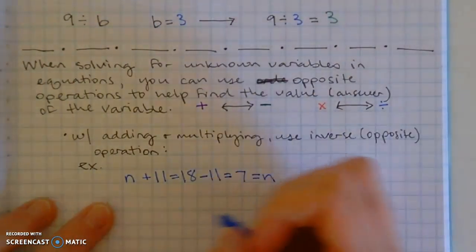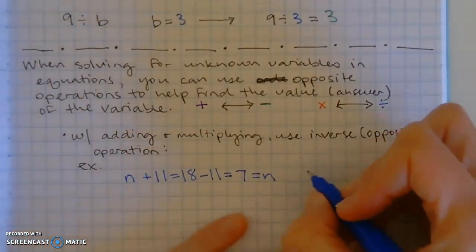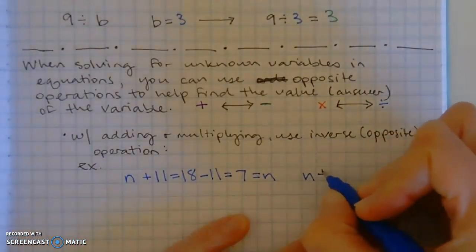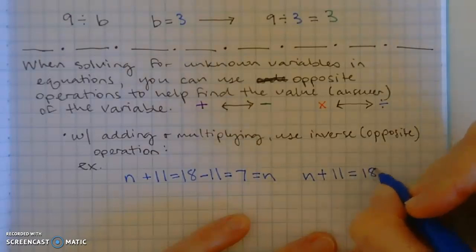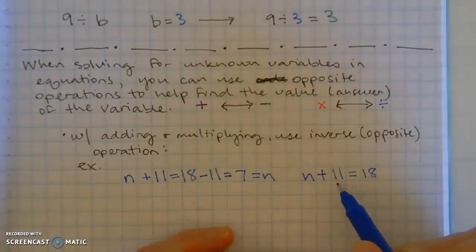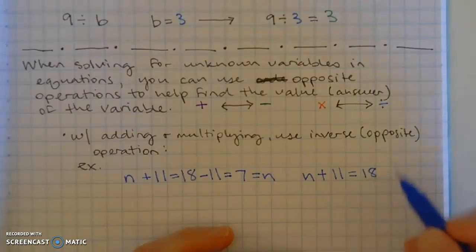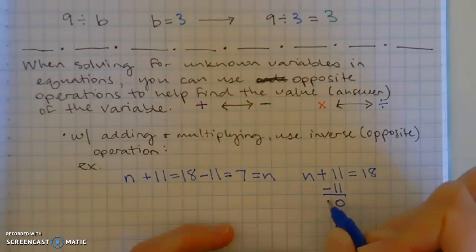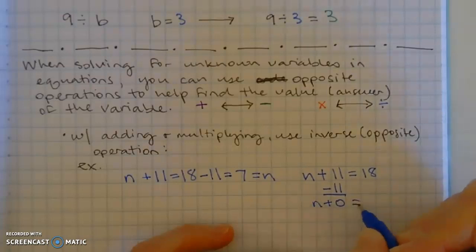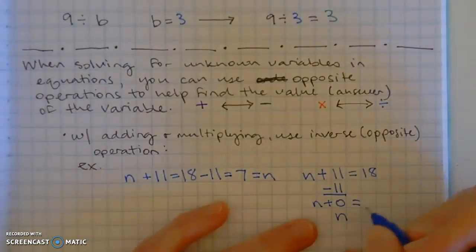You might see it look a little different, so let me write it a different way. So next year they're going to teach you how to do this, where you balance each side. So they're going to say if I have 11 on this side, I need to get it onto the other side. So I have to subtract 11 over here, which gives me 0. So n plus 0, which is just n.